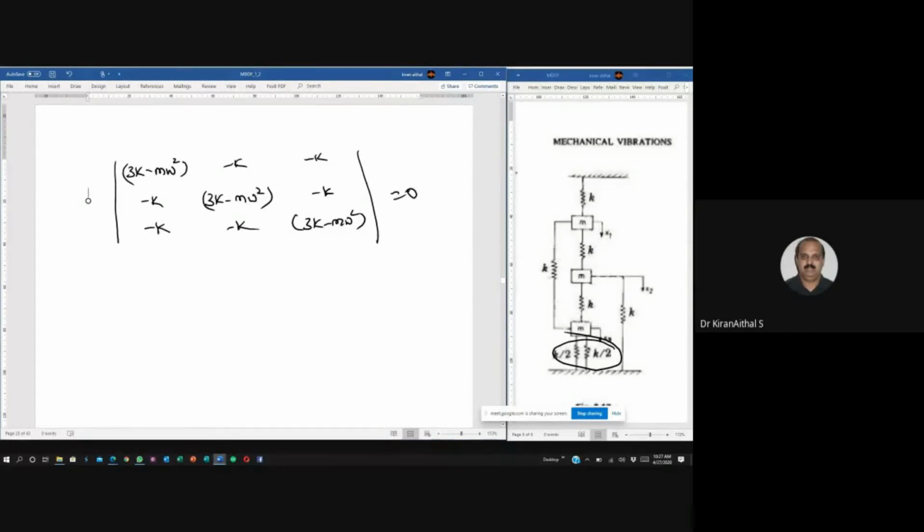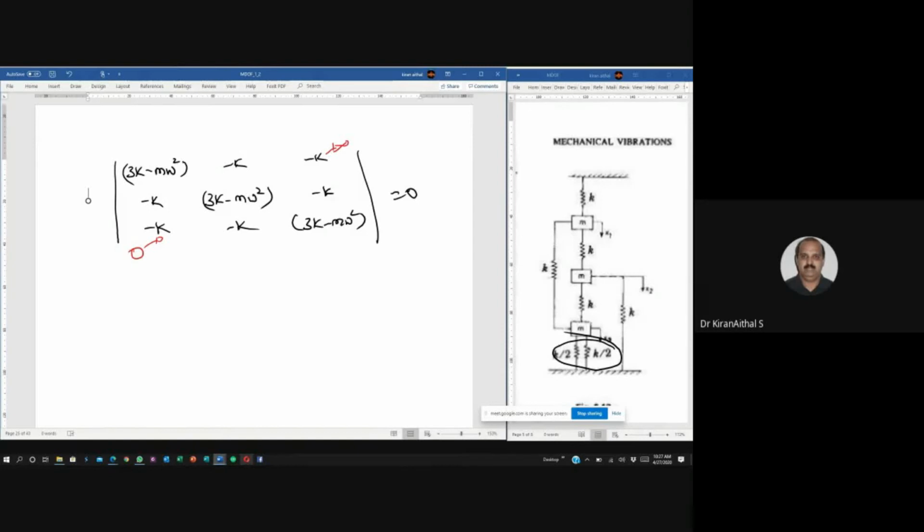The thing here is, when we try to expand this, compare it with the previous problem. In the previous problem, I don't know whether you have gone through that one or not, there was a 0 here and a 0 here. So easily we could have separated that out and solved it.